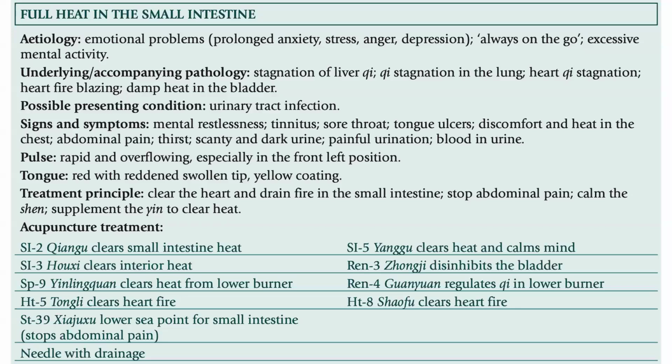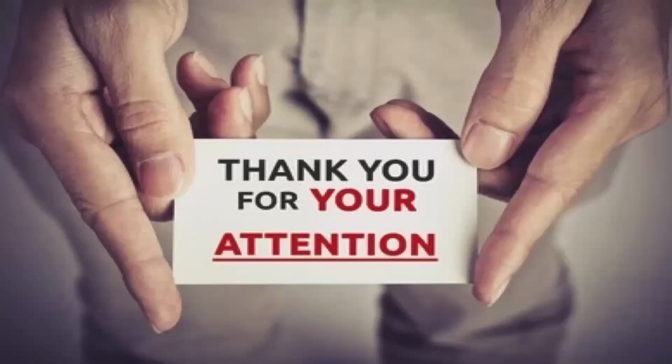The acupuncture treatment: SI2 to clear small intestine heat, SI3 to clear interior heat, P9 to clear heat from the lower burner, Heart 5 to clear heart fire, Stomach 39, the lower He-Sea point of the small intestine, to stop abdominal pain, SI5 to clear heat and calm, REN 3 to disinhibit the bladder, REN 4 to regulate qi in the lower burner, and Heart 8 to clear heart fire. We needle with drainage.